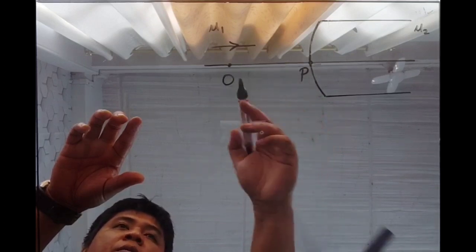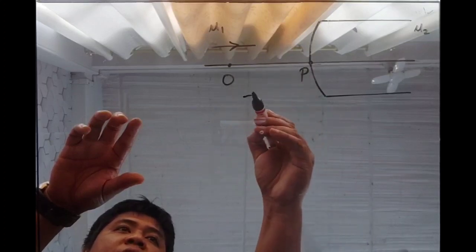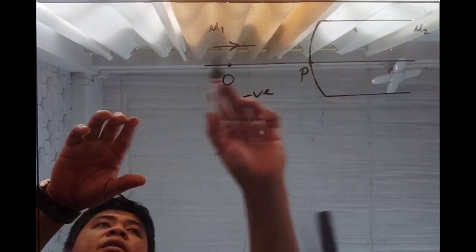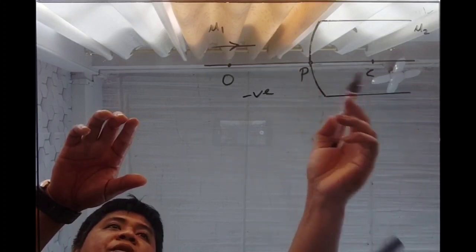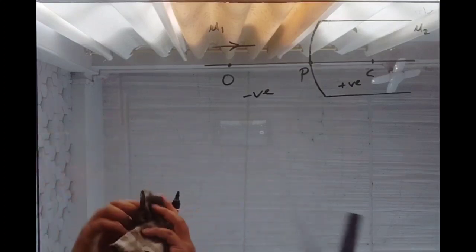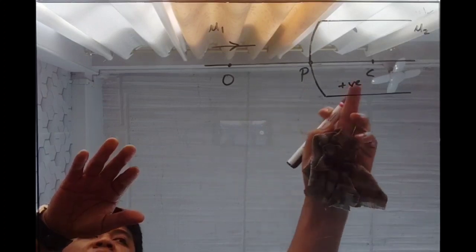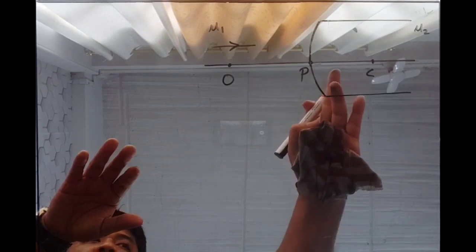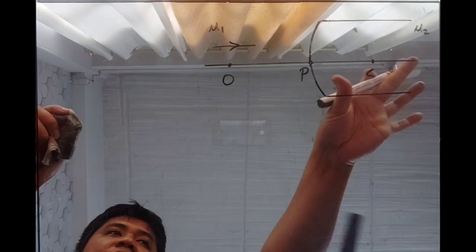Here PO is opposite to the incident ray, so it is negative. If we measure along the incident ray, like PC, it is taken as positive. So distances measured along the incident ray are positive, and those measured against the incident ray are negative.